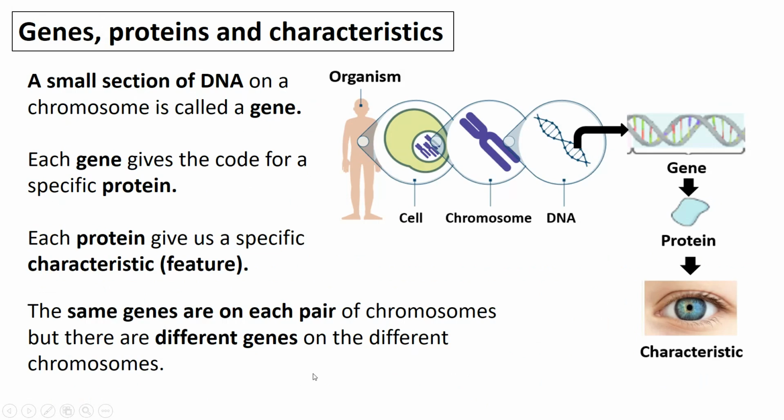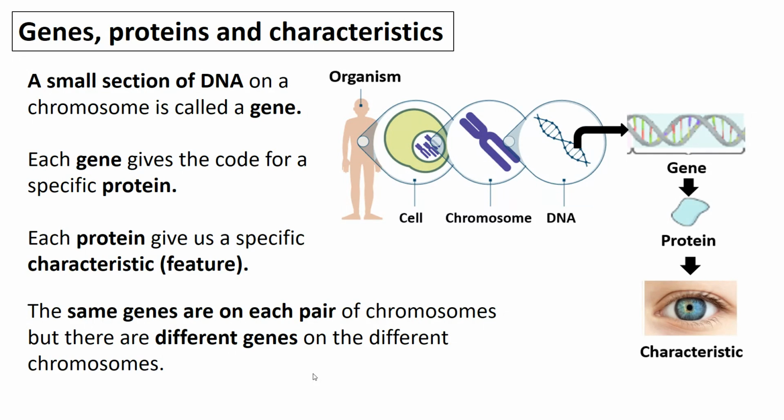And these chromosomes, they're made of DNA, and if you look at a small section of that DNA in a chromosome, you would find something called a gene. So a gene is just a small section of DNA on a chromosome. Each of the genes gives us a code for a specific protein, and that protein acts in our cells and in the organism as a whole to give us a specific feature or characteristic.